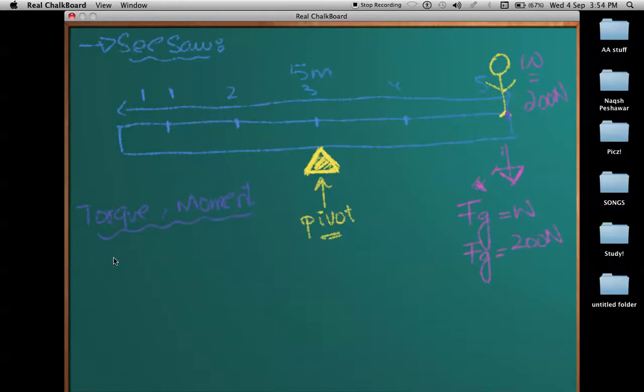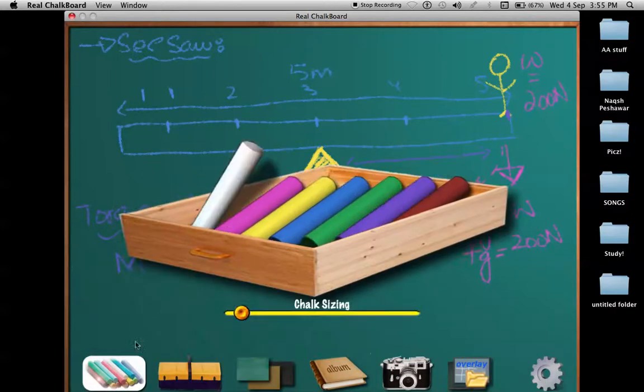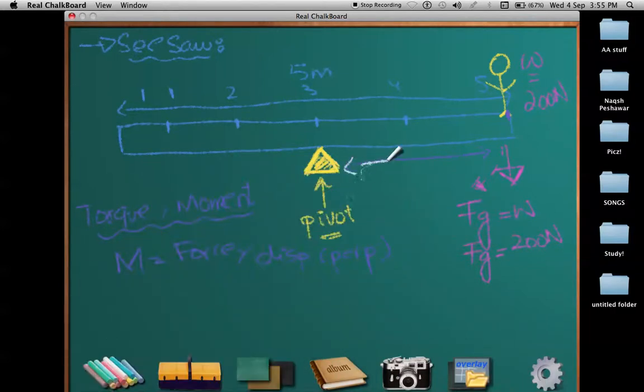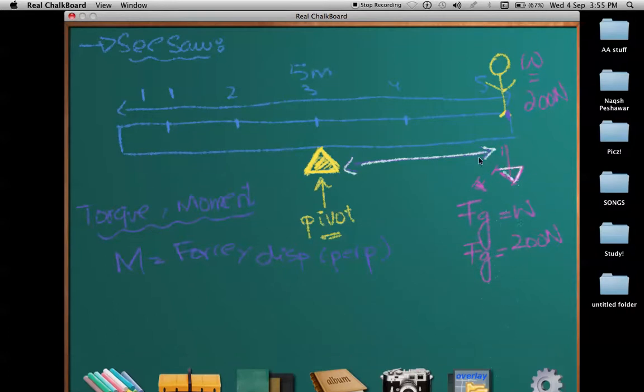So we know our formula: moment is equal to force times perpendicular distance from the pivot, which is this distance. Always remember that this distance will always be perpendicular to the applied force for the moment.